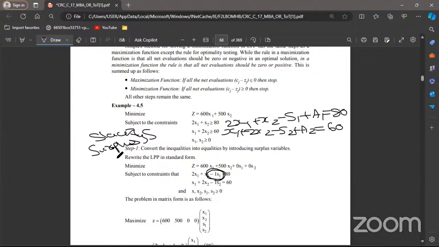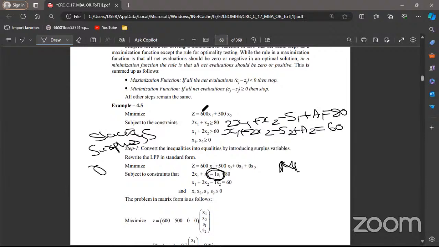For slack or surplus, the contribution is always 0. But the artificial variable's contribution is M. M is a very big number. This is known as the big M method.